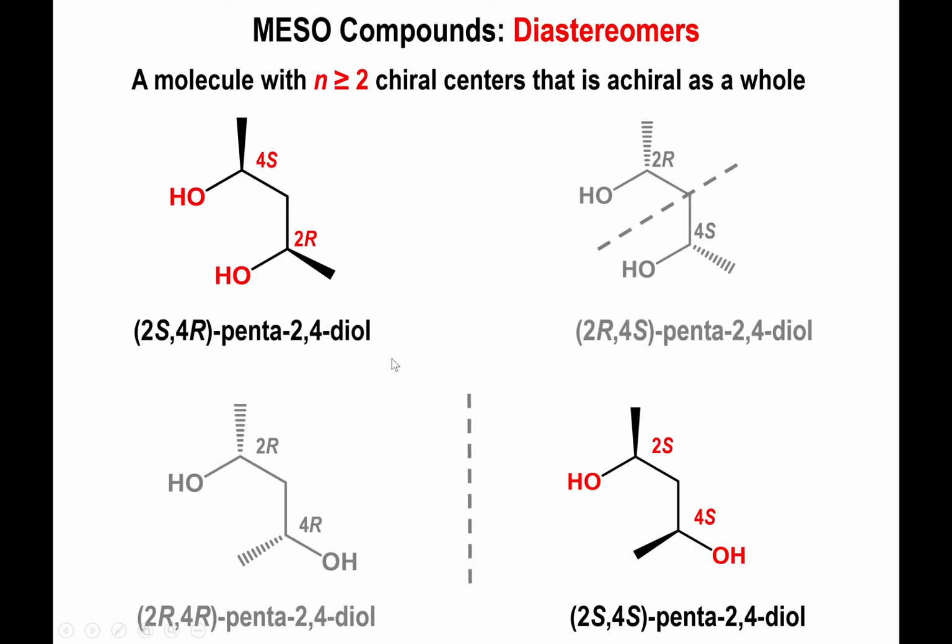So altogether you have three isomers, and this diagonal shows you the diastereomers. These two molecules are diastereomers of each other. The molecule on top and the molecule on the bottom are also diastereomers of each other. And of course, the ones that were across are enantiomers, but in the case of the top molecule, we have a meso compound because of the presence of that mirror plane within the molecule.